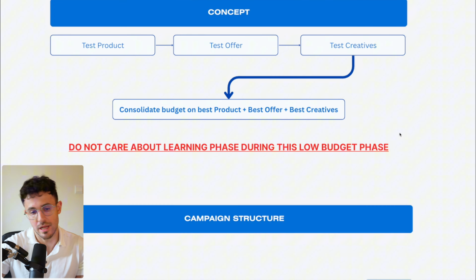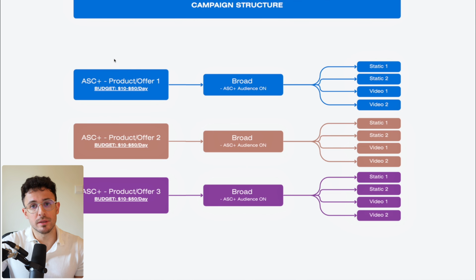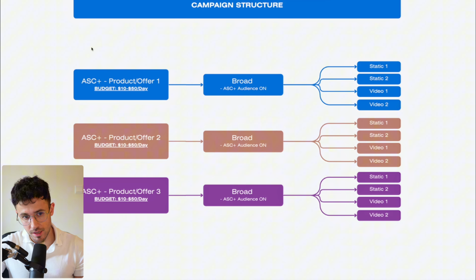This is the entire campaign structure that you need during this phase. You need one Advantage Shopping Plus campaign per product, per offer. This can be either one campaign for each product or offer, or one CBO campaign where each single ad set has a product or offer.